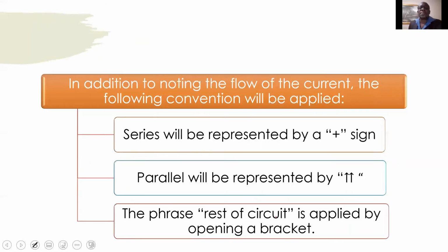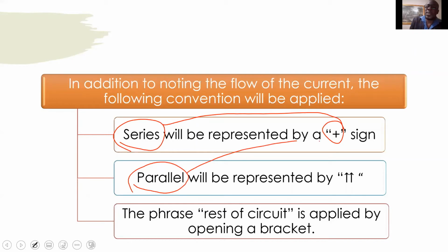Now, in addition to looking at the current flow, we have some standards that we're going to apply in writing this equation. The first one is that when we say that two resistances are in series, we're going to represent series with a plus sign. Whenever we use the term parallel, we're going to represent that using two parallel lines.